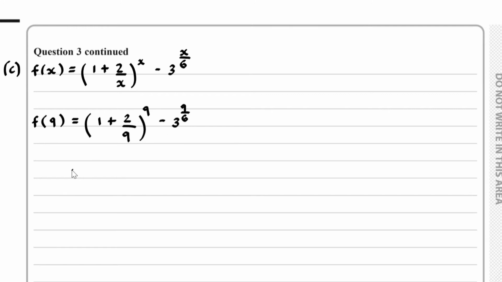And if we work this out, we have 1 plus 2 over 9 to the 9, subtract, now here we've got 3 to the 3 over 2, which is the same as root 3 cubed.